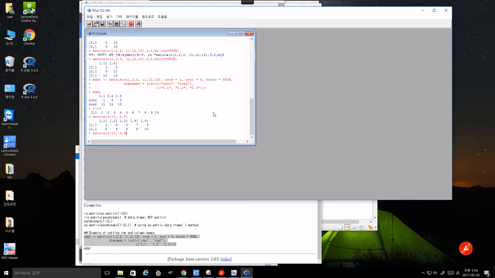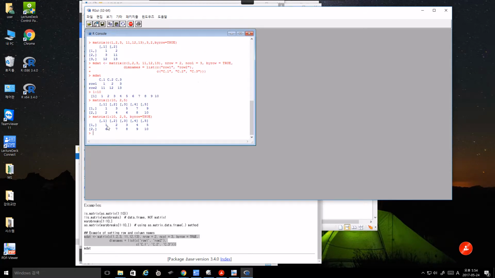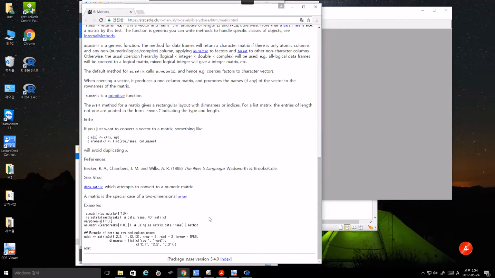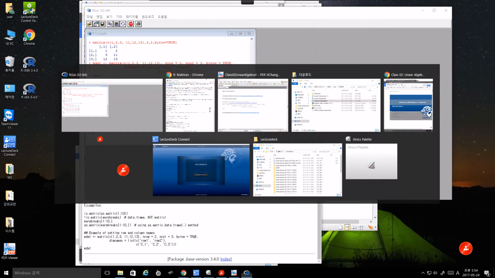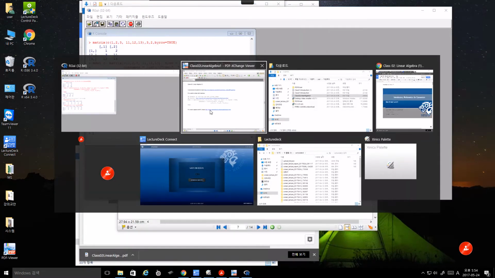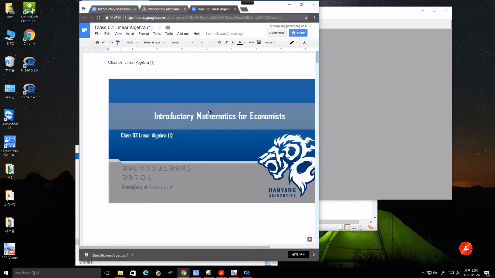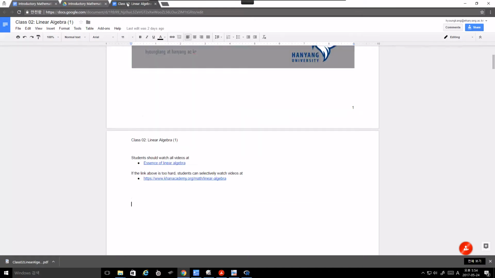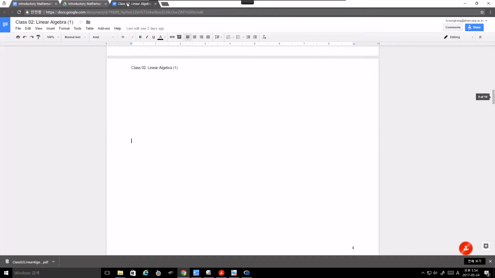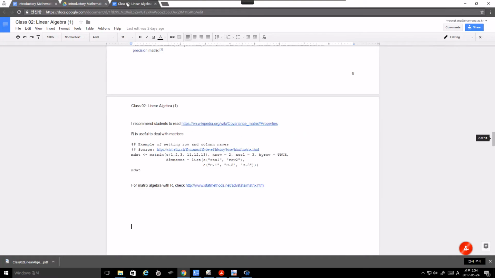And then if you want to fill this matrix by row, then by row equals true. Then look at this. Now it fills by row first. So R is very convenient.